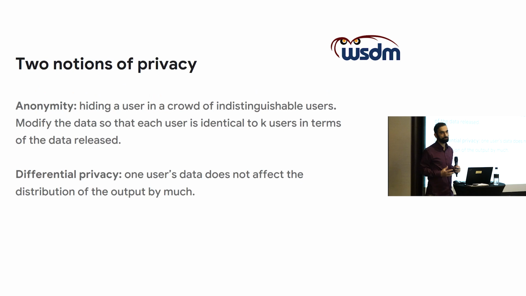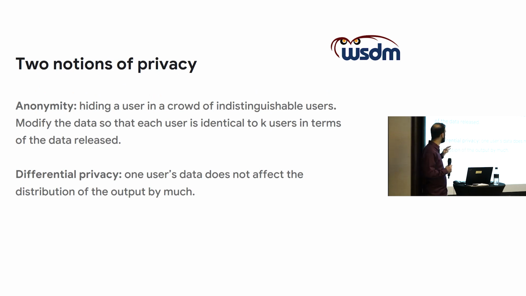There are two notions of privacy. There might be more. One is differential privacy, of which there are many versions, and the other one is K-anonymity. I'm going to look at these two. Differential privacy is the more popular and better measure of privacy, and at a high level it says that a user's data shouldn't affect the output by much.